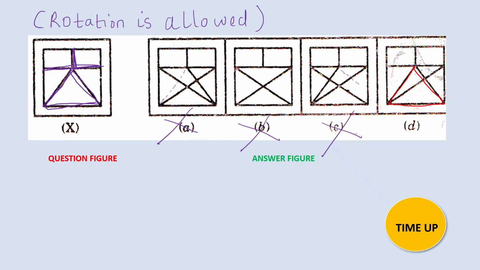This is the triangle, correct? This triangle you can see. Then you have this line here and another line here. So this is the correct option. Option D is correct.